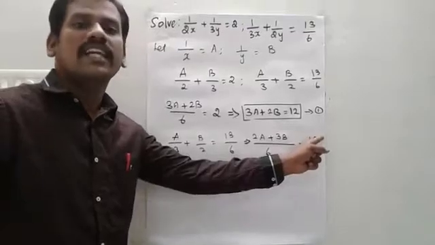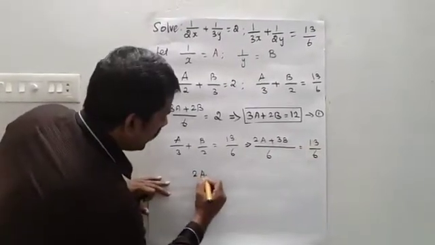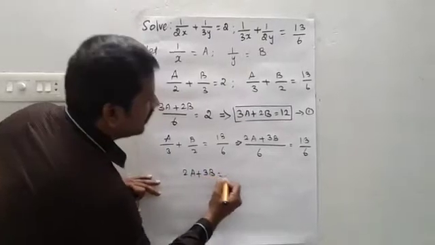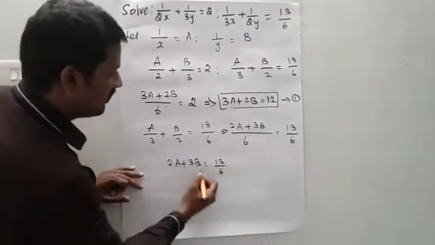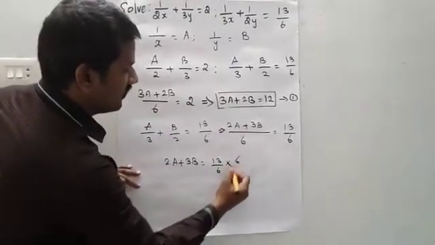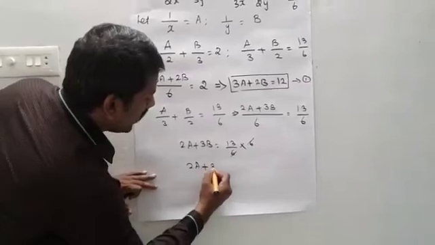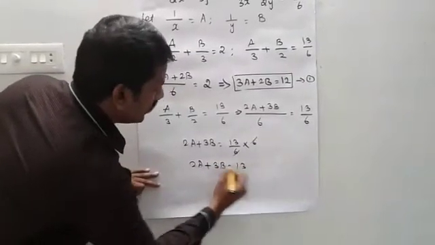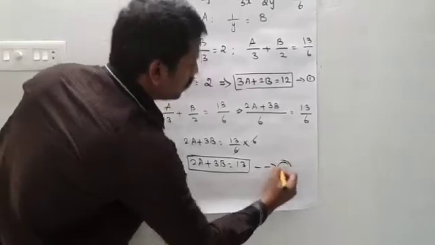Division comes as multiplication, very good. So I write 2A plus 3B is equal to 13 by 6. This division 6 and multiplication 6 should cancel. So what's the answer? 2A plus 3B is equal to 13. It is the second equation.